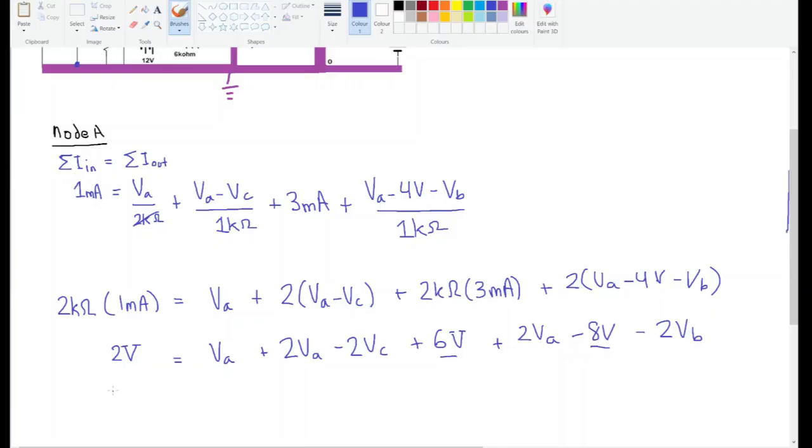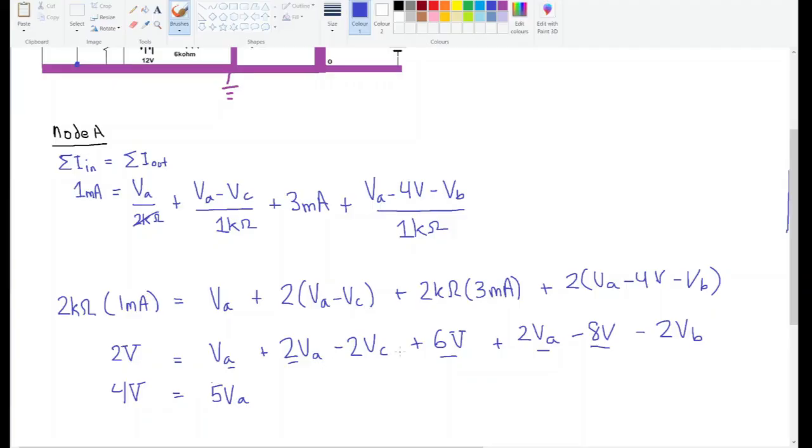When you move -2 to the other side, you get 4 volts. Then you have the VAs, so that's VA, 1, 2, 3, 4, 5. Is that right? 1, 2, 3, 4, 5. Okay, so it's 5 VA.